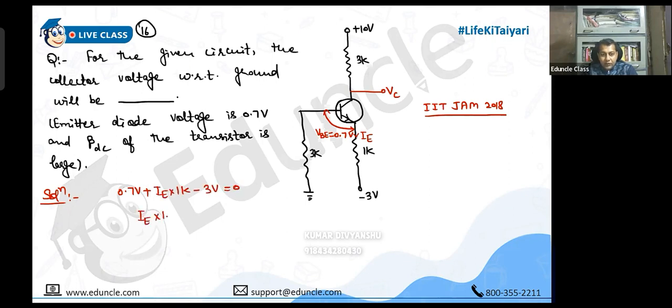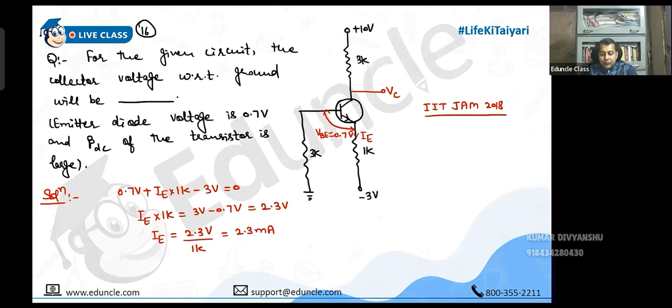So IE into 1K... So now 10 volt equal to 2.3 milliampere into 3K plus VC.